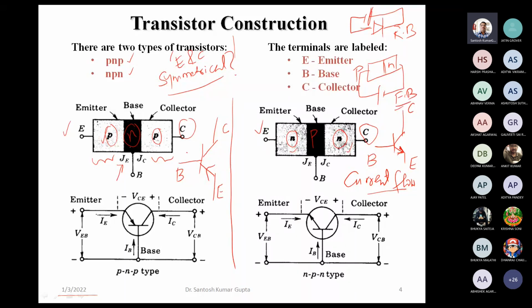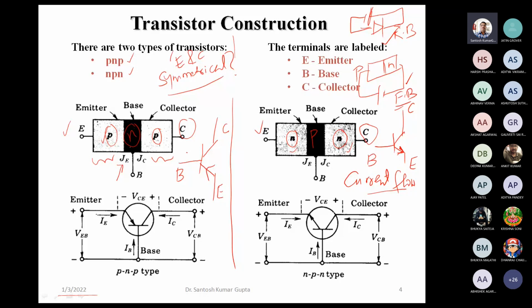So similarly, whether we want to make any of the junctions forward biased or reverse biased, we have to apply some voltage, as here for reverse bias and forward bias.